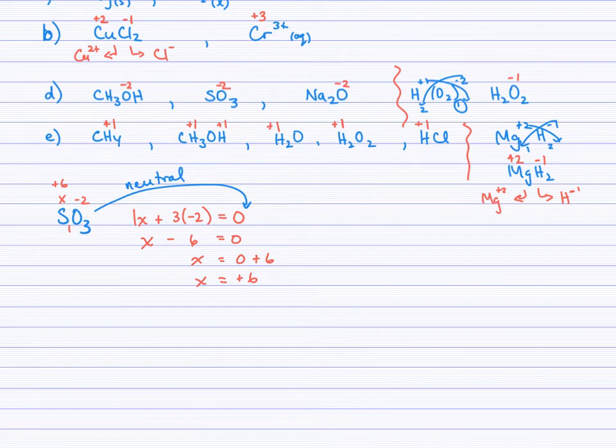Now, what if we had sodium sulfite? So Na2SO3. Well, hopefully you'll recognize here that we have the sodium ion, Na+1.